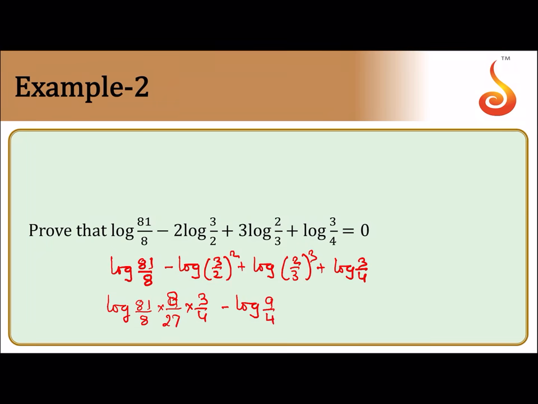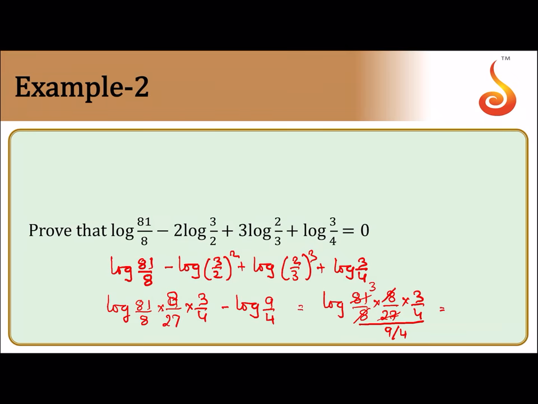This is again 8, 2 cubed is 8, by 27 into 3 by 4, minus log 9 by 4. This can in turn be log m minus log n: log of 81 by 8 into 8 by 27 into 3 by 4 divided by 9 by 4.